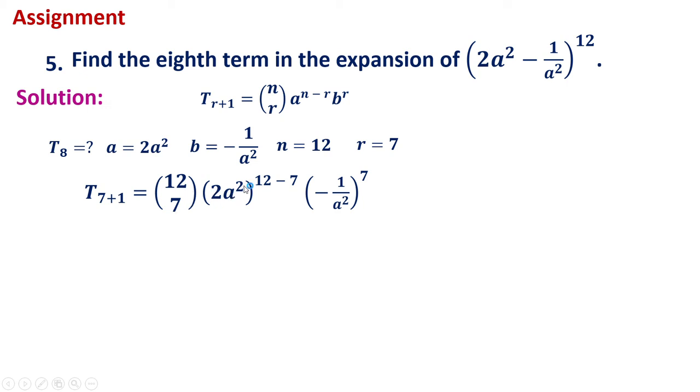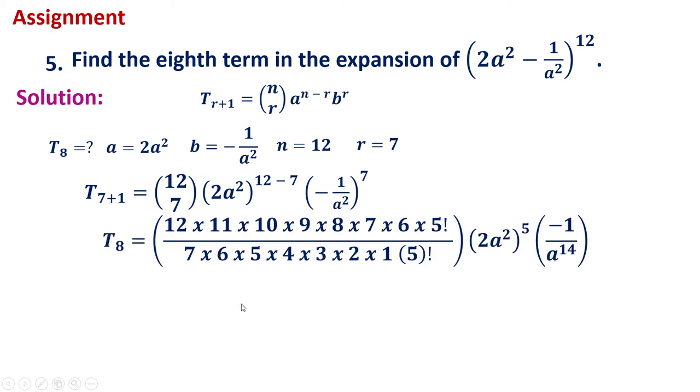So, 2a squared raised to 12 minus 7. Quantity negative 1 over a squared raised to 7. So, pag chinek natin yan, factorial na yan. Ito yan, di ba? Kakancel na yung 5 factorial. And kasi yung 5 na yan is 12 minus 5, ay 7. So, we have 5. So, 2a squared raised to the fifth quantity negative 1 over a to the 14 power.